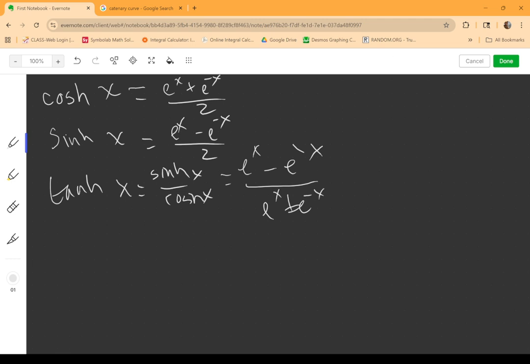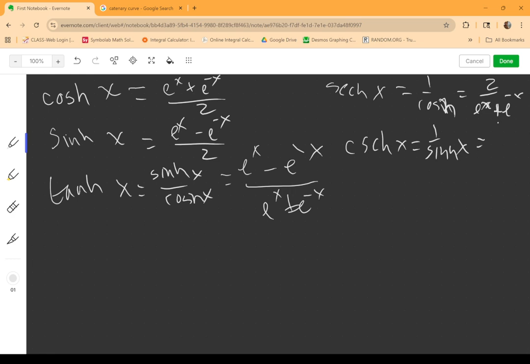Similarly, our hyperbolic secant of x is just 1 over the cosh, so it's 2 over e to the x plus e to the negative x. A hyperbolic cosecant of x is 1 over sinh of x, and that is 2 over e to the x minus e to the negative x.